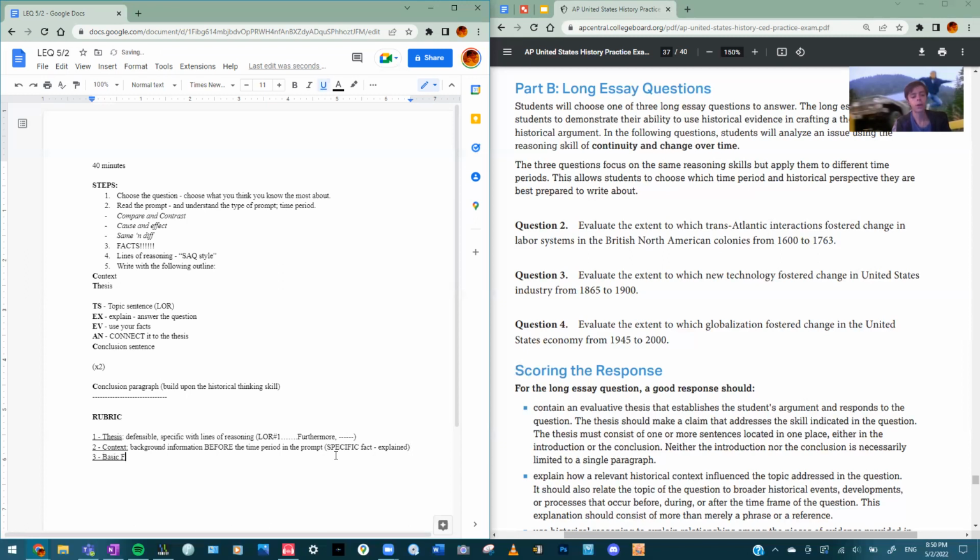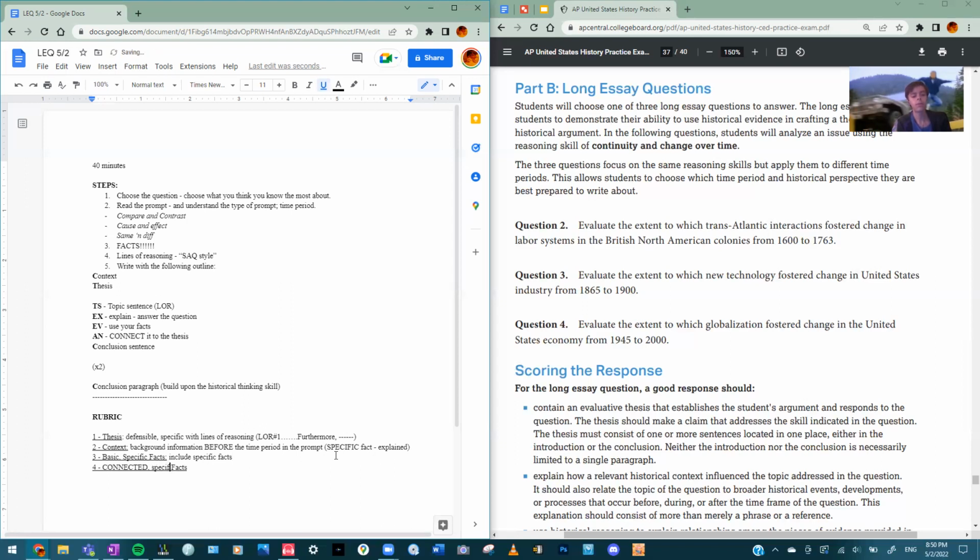basic facts. How about I'll say that? Basic, specific facts. All you need to do is include specific facts. That's all you need to do. But if you want to get the fourth point, connected facts, specific facts.